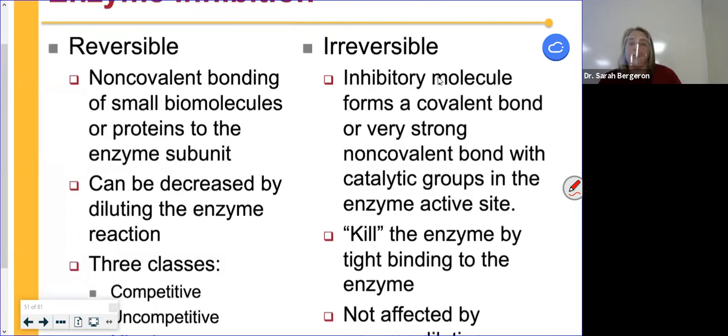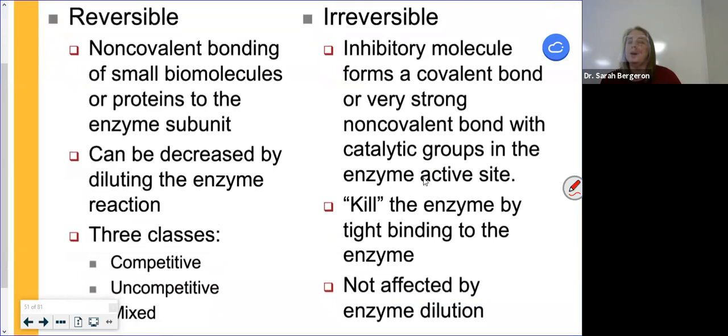In irreversible, you're going to make usually a covalent bond, not always. Sometimes it's just really, really strong non-covalent, but most of the time it's covalent. And it typically happens with those amino acid side chains that are sticking into the catalytic site. And that basically kills the enzyme, and so it can no longer do its job, right?